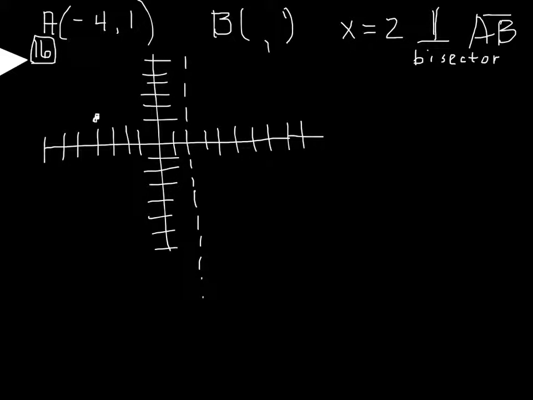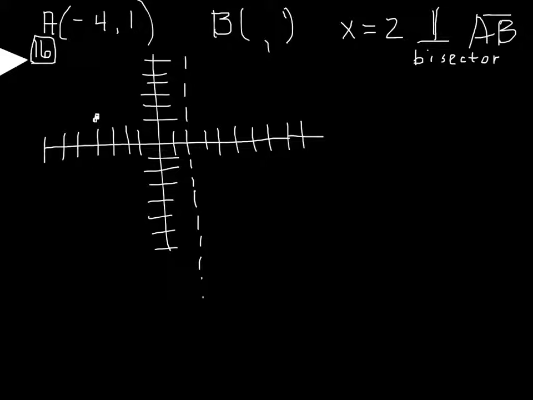So I want you to recall it says it is a bisector. If it's a perpendicular bisector, it cuts the line in two. So the line will be going across where y is 1. It's going to be a horizontal line. And I'm going to come across, and how many away?